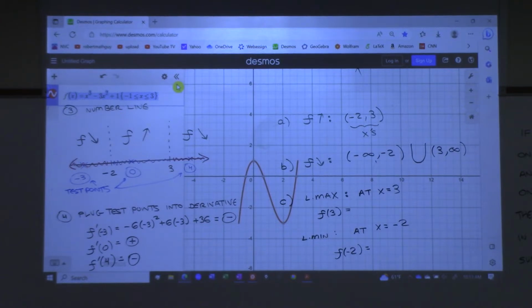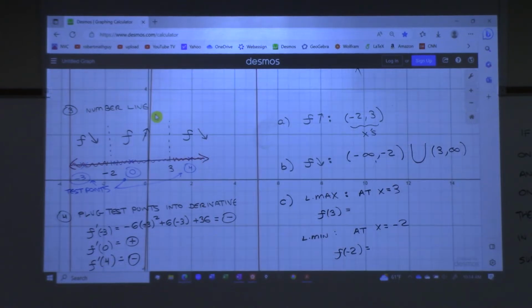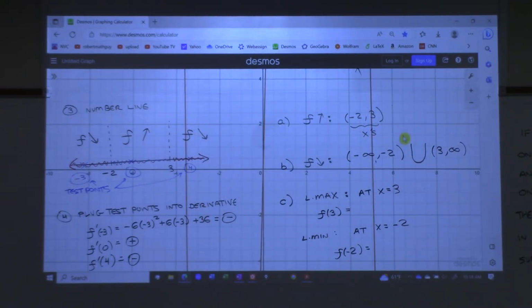Minus 2x cubed. All right, there's the graph, which doesn't look very good.